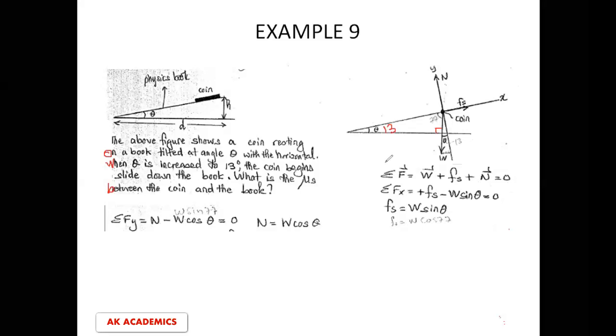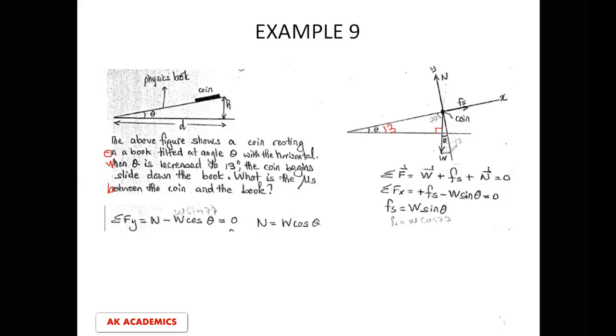Okay. So the vertical component, the first one we have is our N, which is what you can see here. And then if you want to convert this weight to a vertical component, because W is also acting on the body, it's going to be coming this way, isn't it?